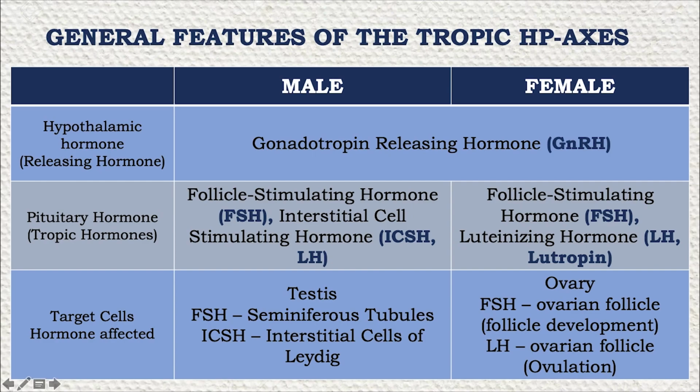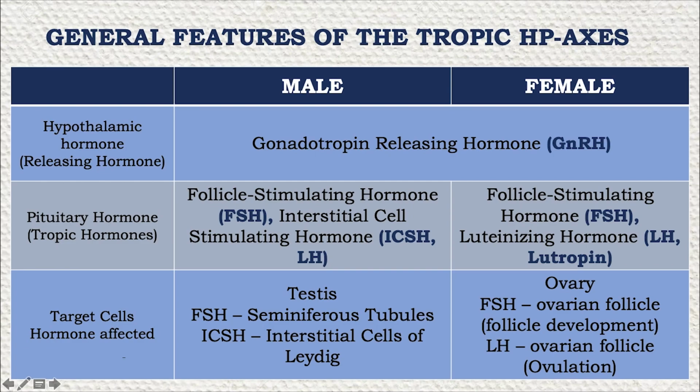Although in some cases, luteinizing hormone is also used to refer to the male tropic hormones. Then, of course, it would vary in the target cells for the target organs. For the testes, FSH affects the seminiferous tubules, and the LH or ICSH affects the interstitial cells of Leydig.